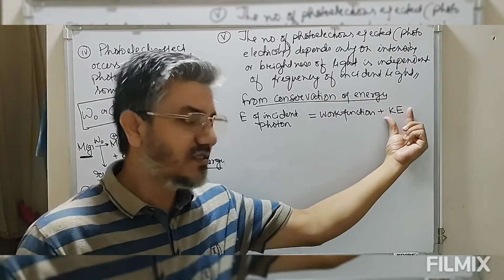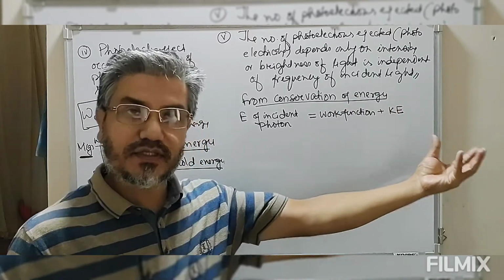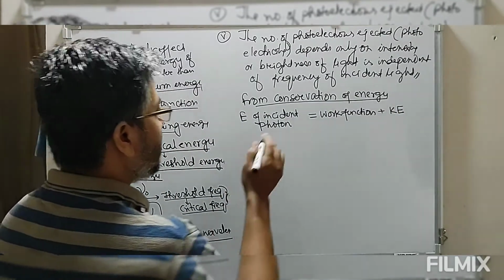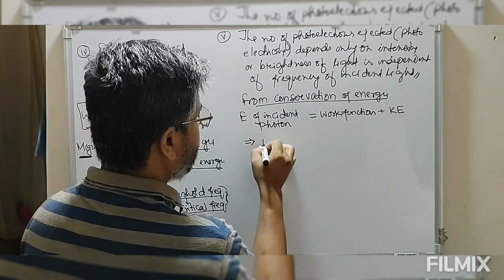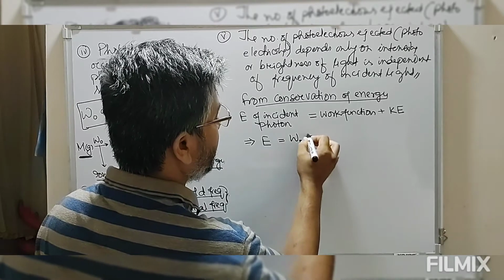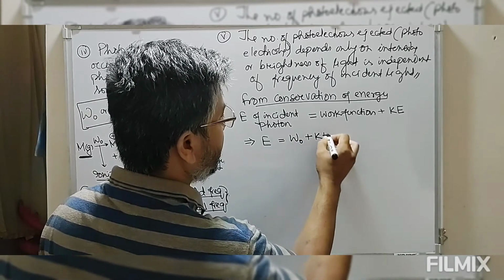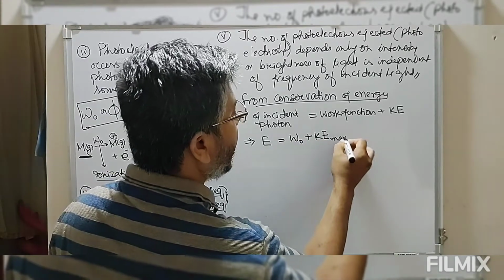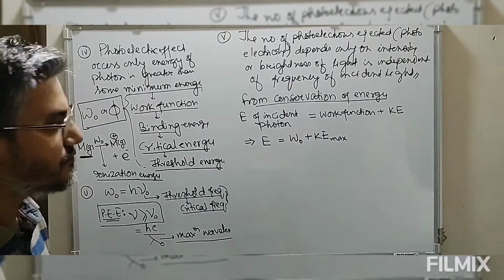So this is the maximum kinetic energy that could be obtained. So the energy of the incident photon, let's say capital E, is equal to the work function plus the kinetic energy. This is the maximum kinetic energy that could be obtained.